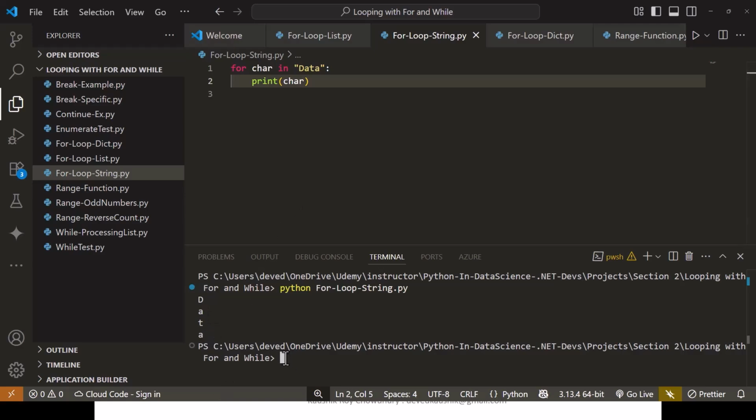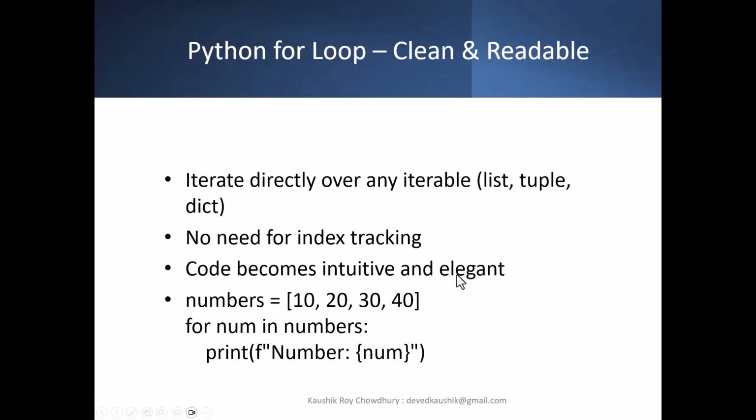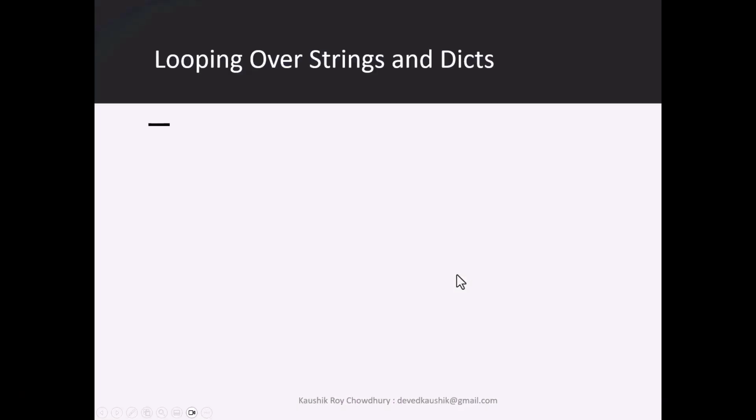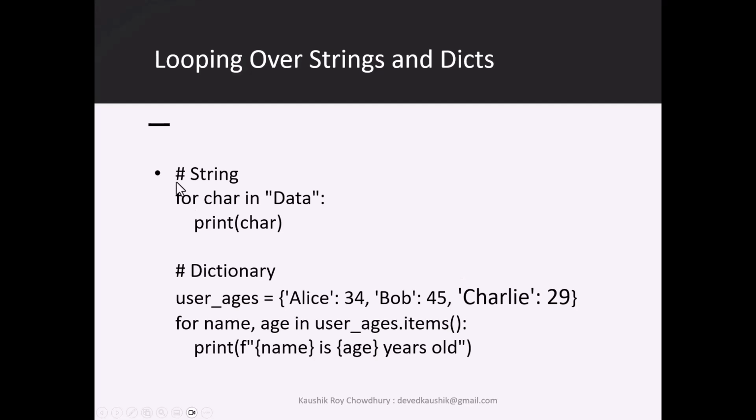Okay, now the next one is an example of iterating over a dictionary's key value pairs. It's in sync with our next loop, looping over strings and dicts. This we have already seen in action. Now the dictionary: user_ages is a dictionary of key value pairs, Alice 34, Bob 45, and Charlie 29.